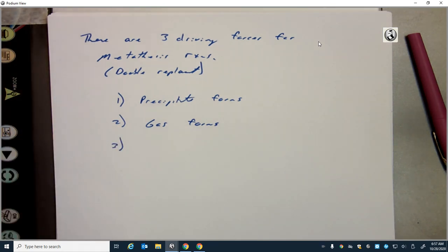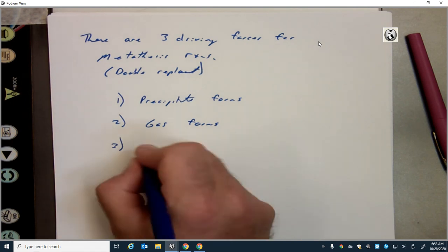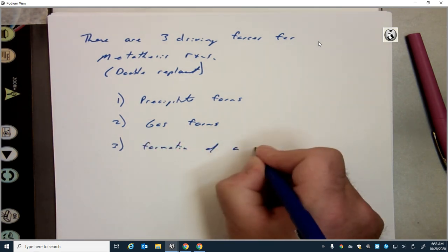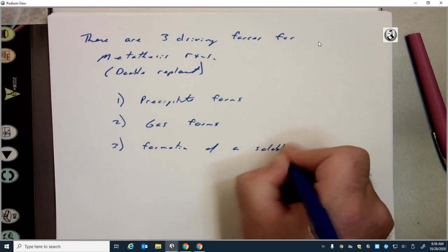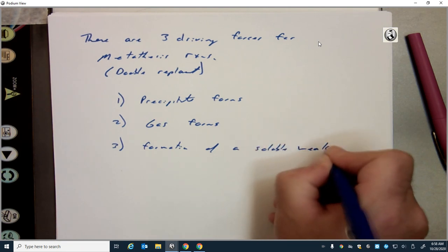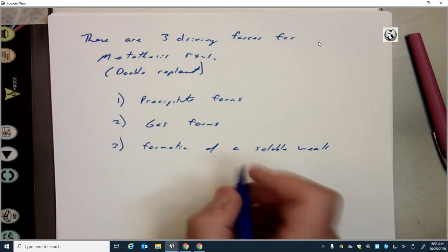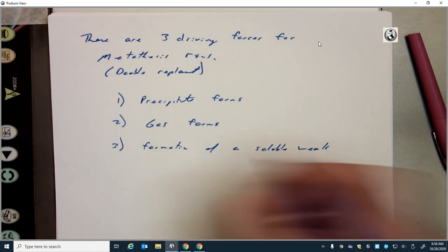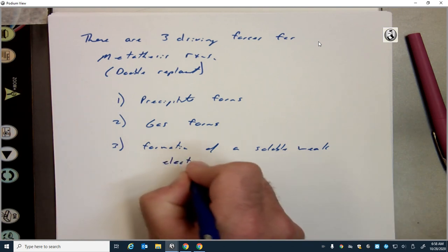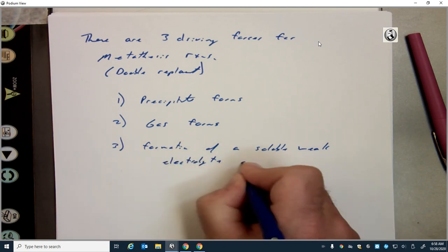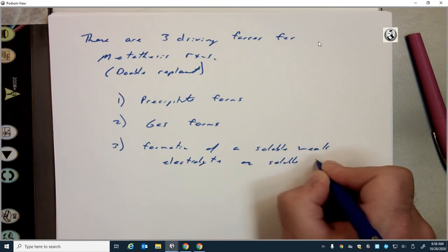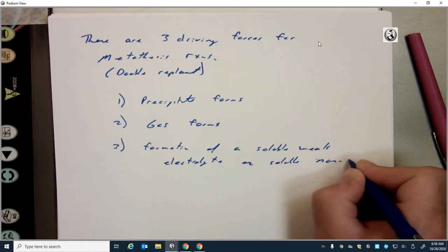The third one is the formation of a soluble weak electrolyte or soluble non-electrolyte.